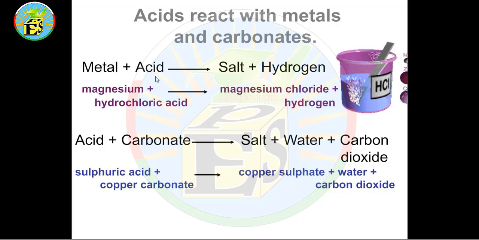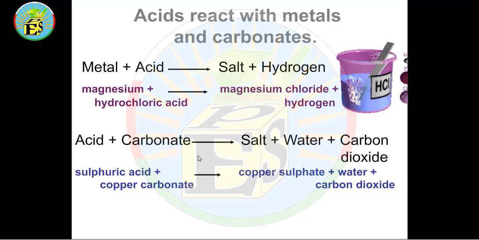Metals plus acid give us salt and hydrogen. For example, magnesium plus hydrochloric acid, HCl, gives magnesium chloride plus hydrogen.